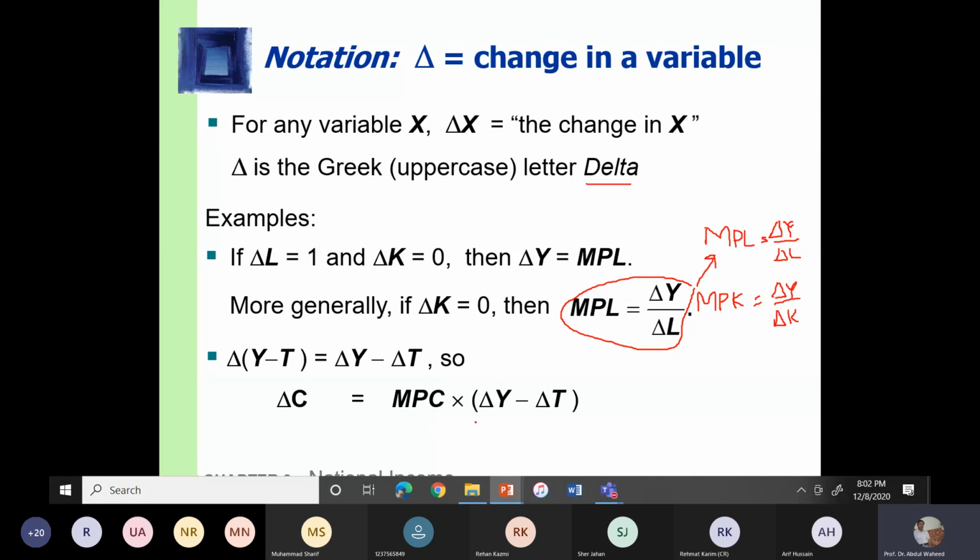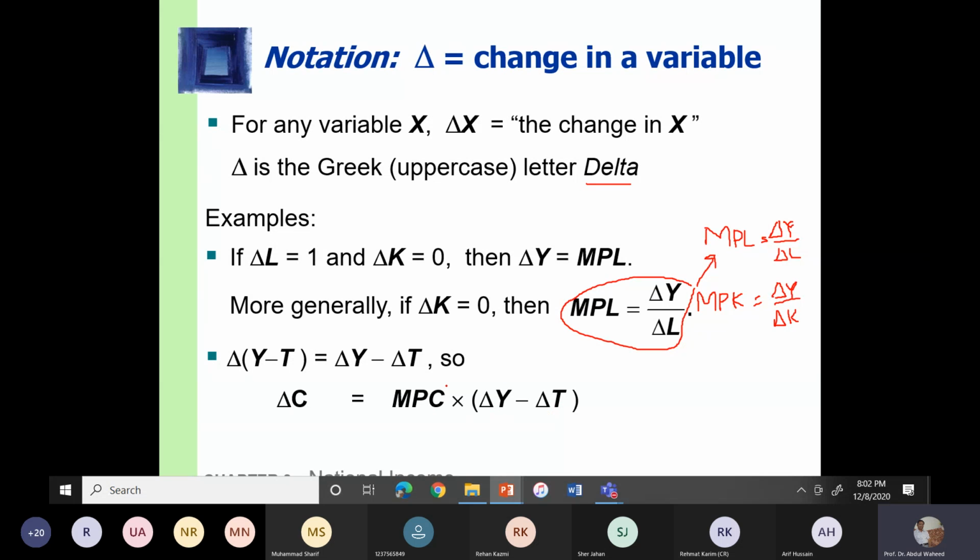Consumption is marginal propensity to consume times disposable income, y minus t. So if we are taking the change in consumption, this is change in income minus change in taxes. How much will consumption change if there is a change in income and change in taxes?